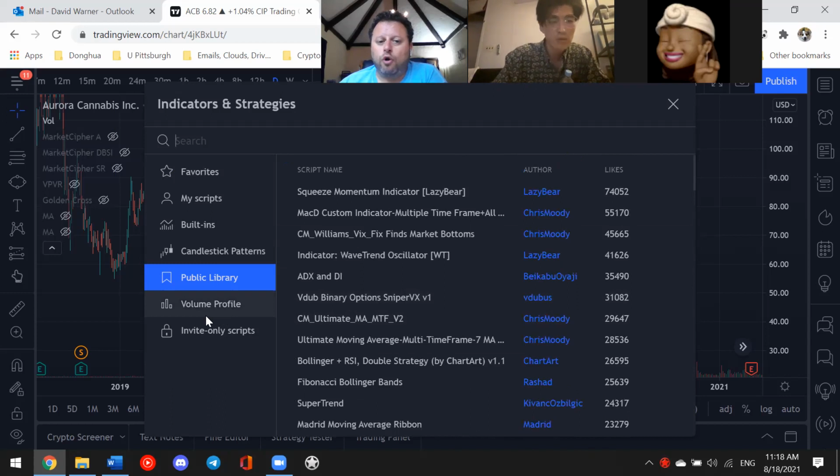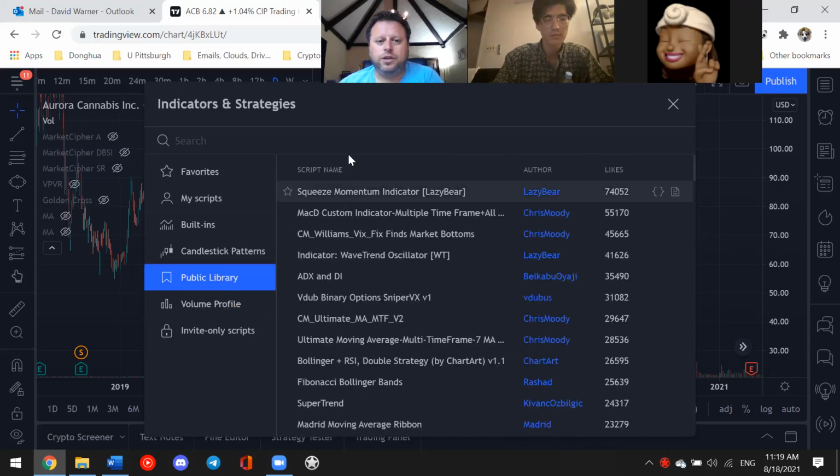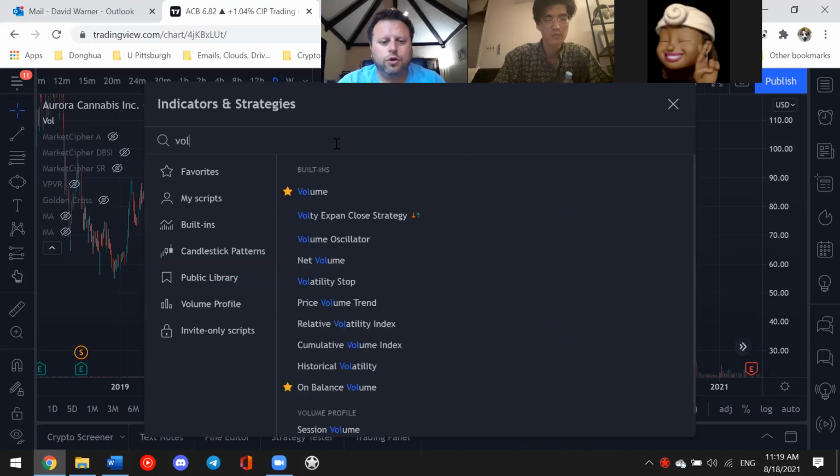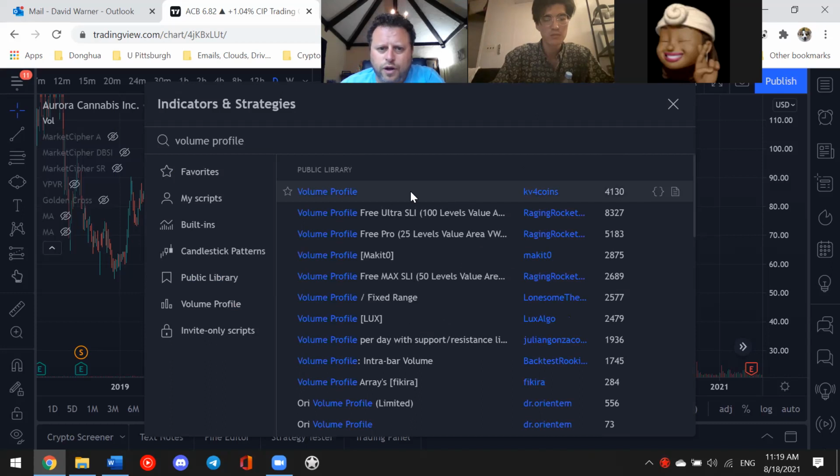Then there's volume profile, which I said you need to pay for. So you guys can't use this yet, so I'm not teaching it to you. But I use volume profile. And there are ways to get it in the public library, like if you search for volume profile, let's see. I mean, there's tons of them. You would have to see which one you like.